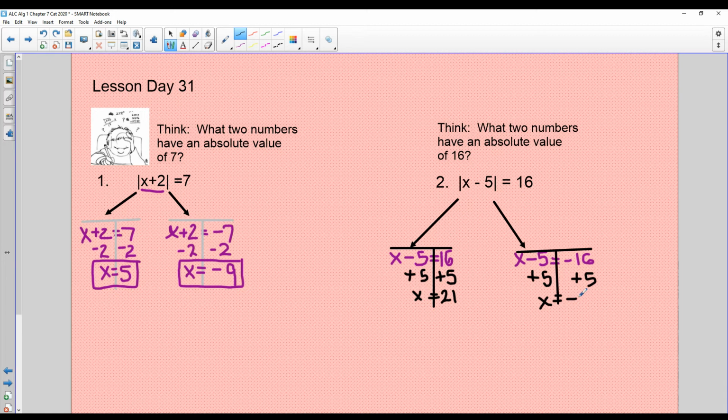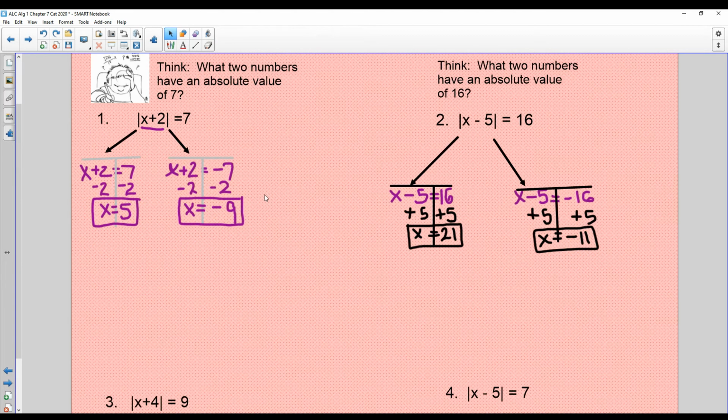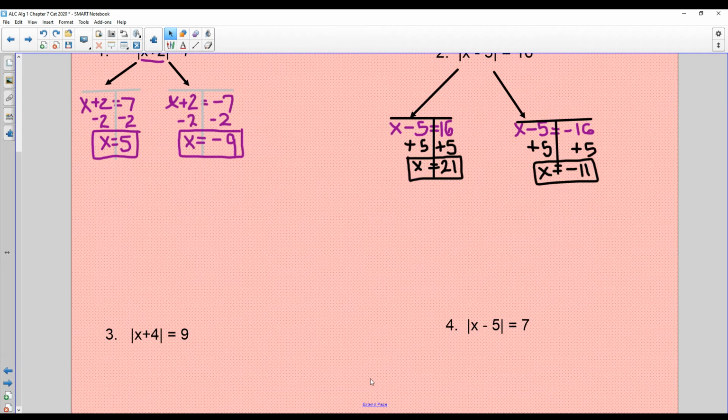And hopefully you said -11. Right, so these are your two answers. And notice it's not like 21 and -21. They really are two very different answers. A lot of times one is positive and one is negative, but that's not always the case. So this is the type of problem that we're doing now. It's a little more challenging. We have 2 more of those in this lesson.